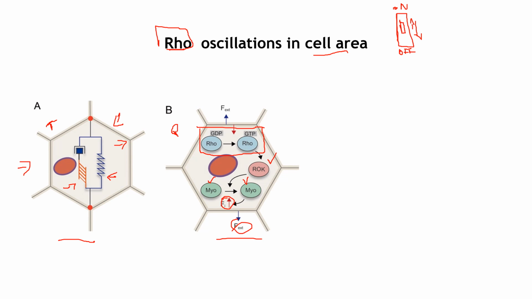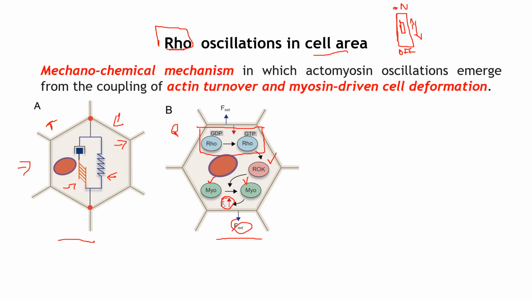Okay, to summarize this idea, I told you about Rho, that is an important molecular switch, and that Rho and all this actomyosin is a mechanism that is not only mechanical, not only genetic, not only chemical, it's the interaction between these. And in the case of the oscillations in cell area that we are studying in your projects, they occur because of the coupling between the actin and the myosin driving the deformations.